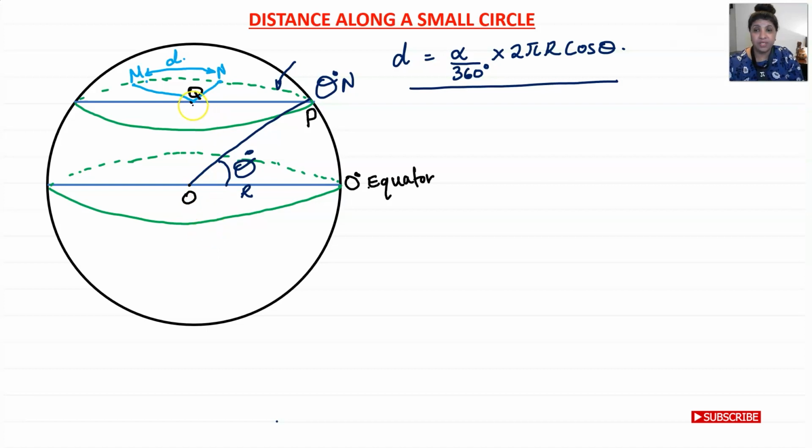Well, we need to know the radius of the small circle, so that's our latitude, and the center of this small circle is exactly vertically above the center of the equator, so we have 90 degrees here. Okay, so this is also the radius of the Earth, the OP.